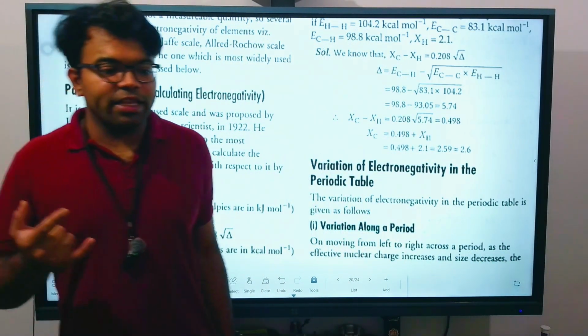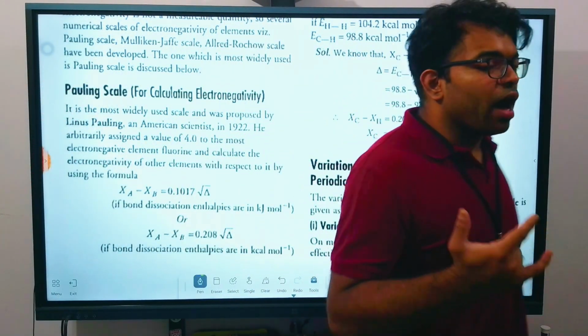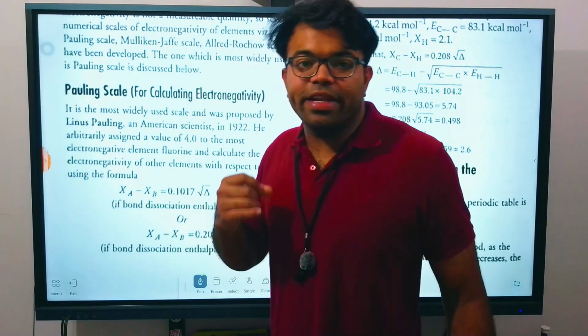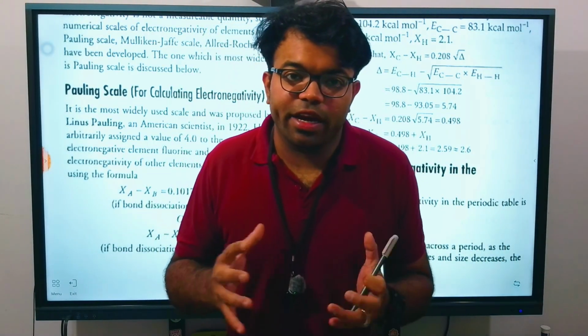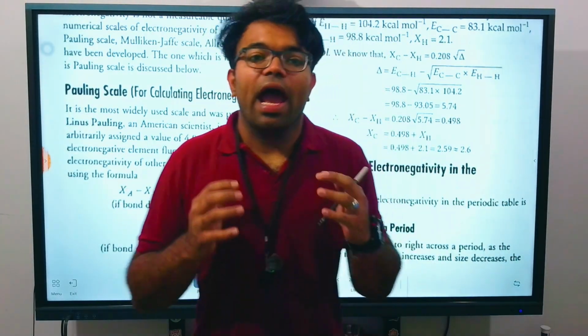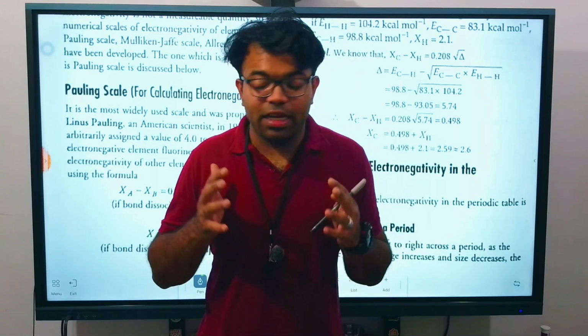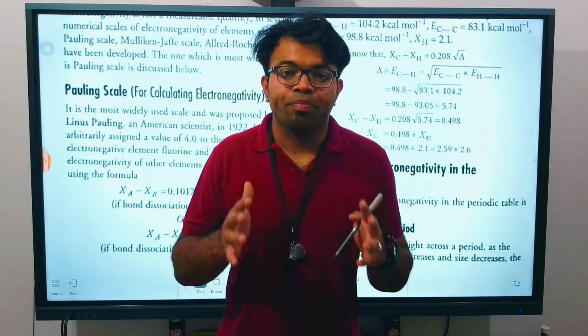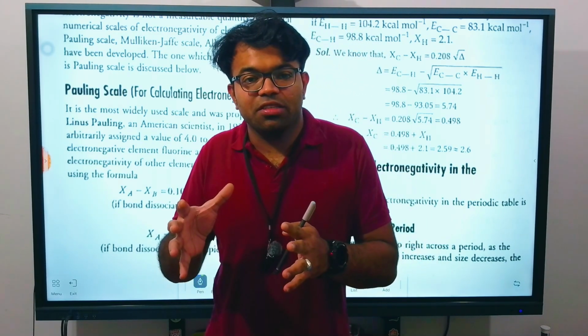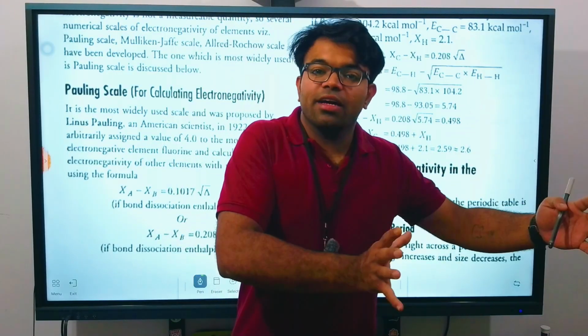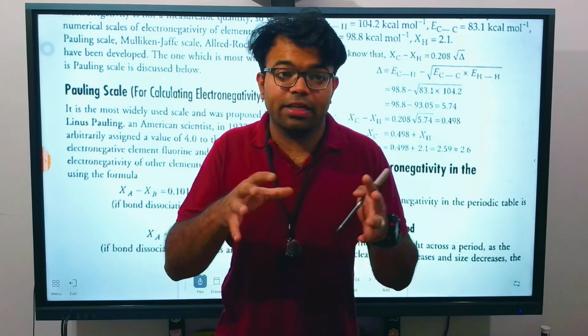Ionization and electron gain enthalpies, both of them are a characteristic trait of the element itself, but electronegativity is not that. It always changes with the partner atom that is connected to it.